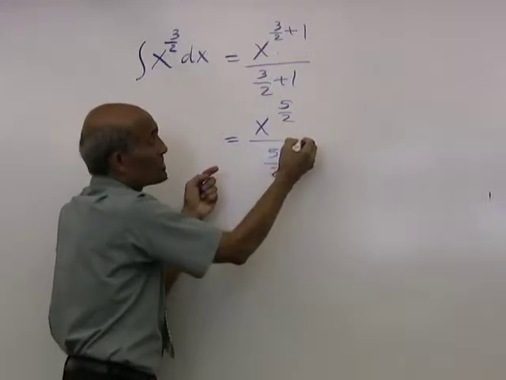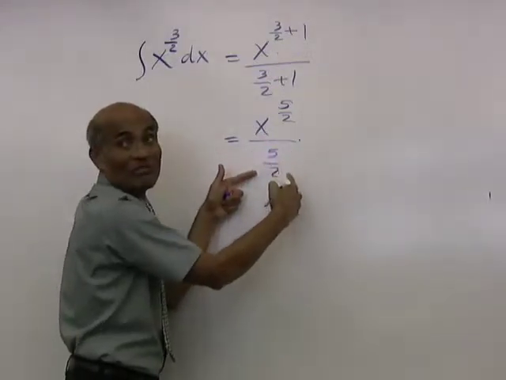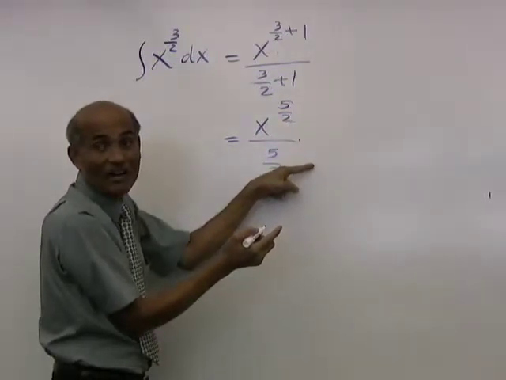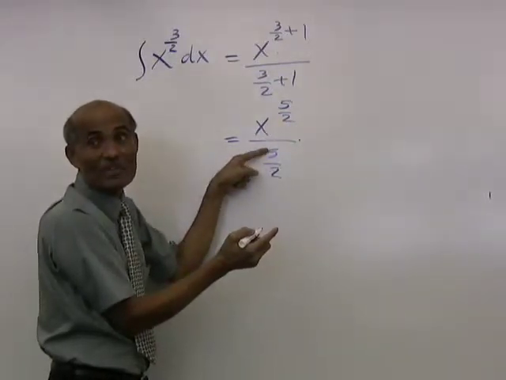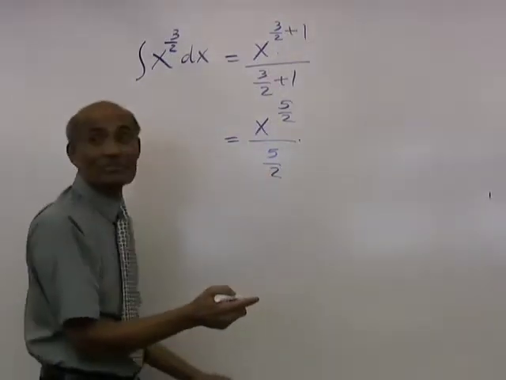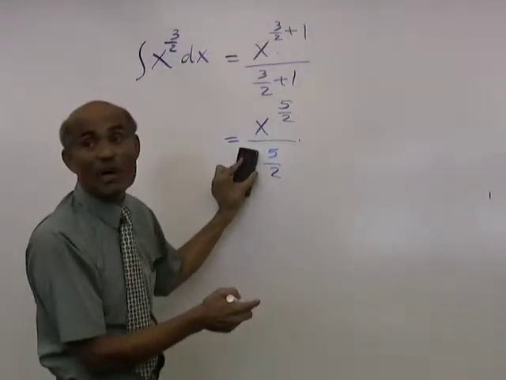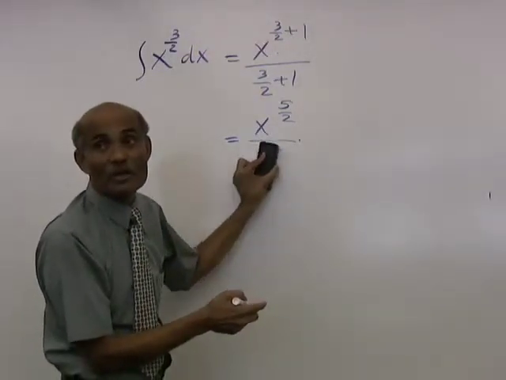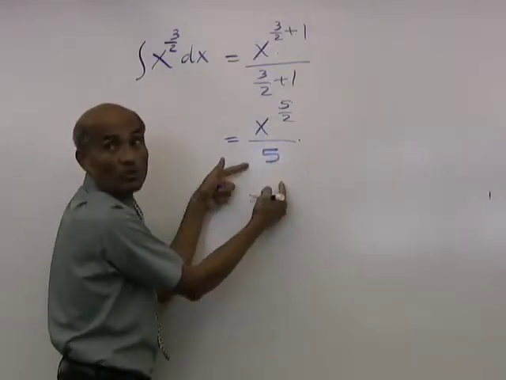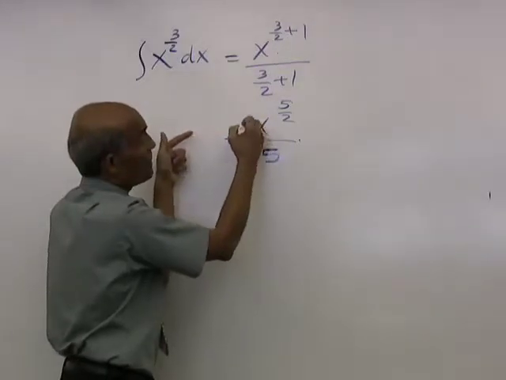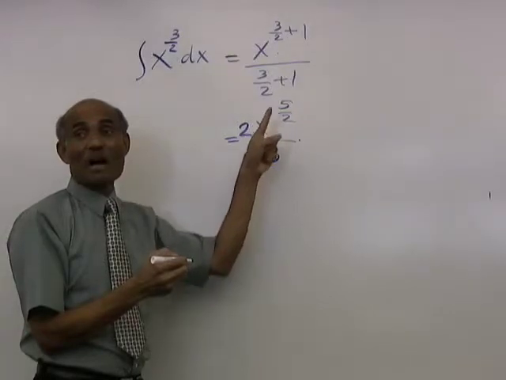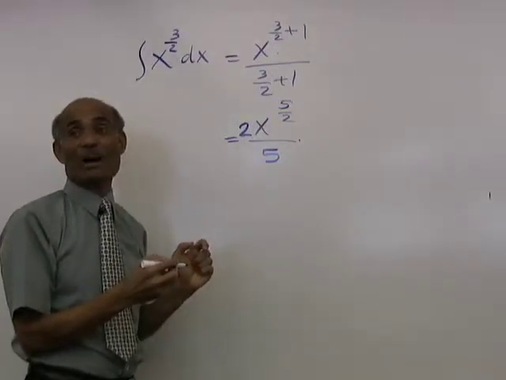That means dividing by 5 over 2 is the same as multiplying by 2 over 5. That means the 5 will stay in the denominator and the 2 will go up. So every time we have a situation like this, I will not be writing 5 over 2 in the denominator. I would say divided by 5 over 2, that 2 will go to the numerator. That's right. So that will be 2x to the power of 5 over 2, over 5.